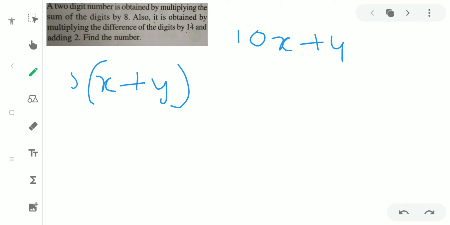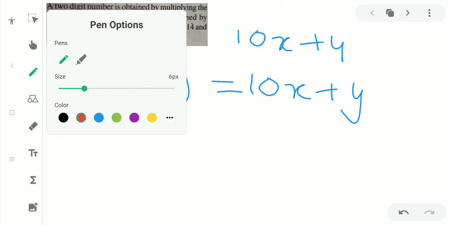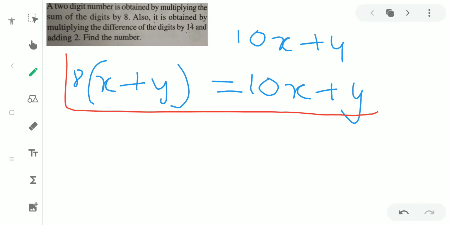So I am multiplying with 8, and what it gives is the 2-digit number, as given in the question. So 10x plus y, this is our equation 1, and we should modify it, that is, bring it into a simple manner.